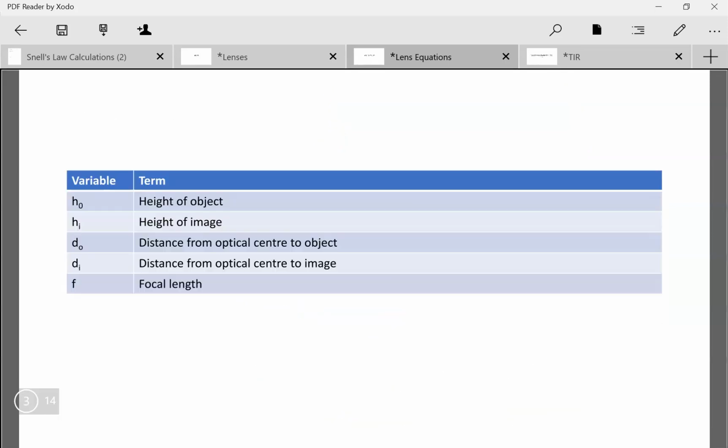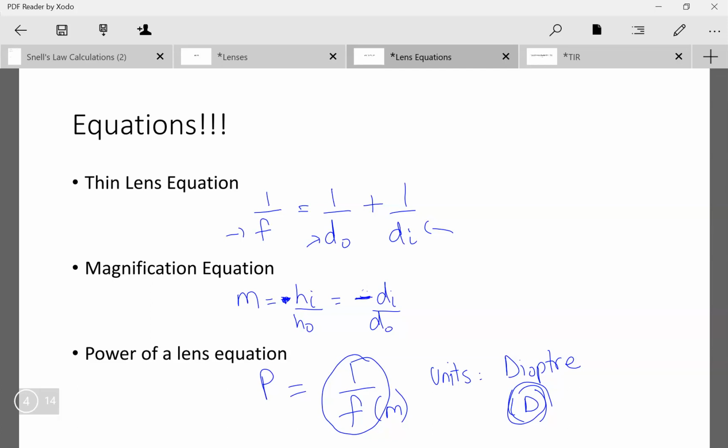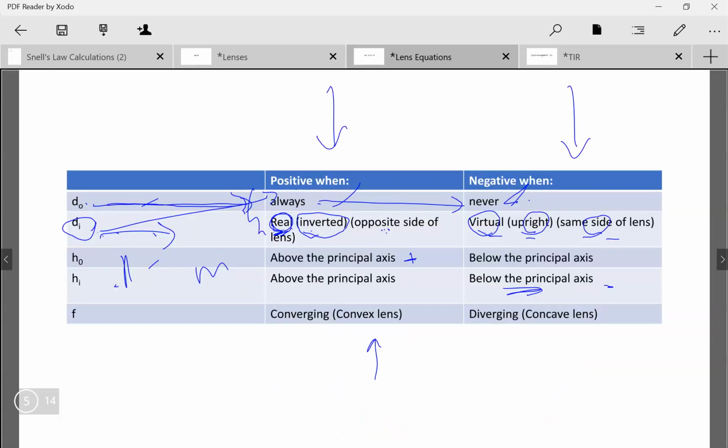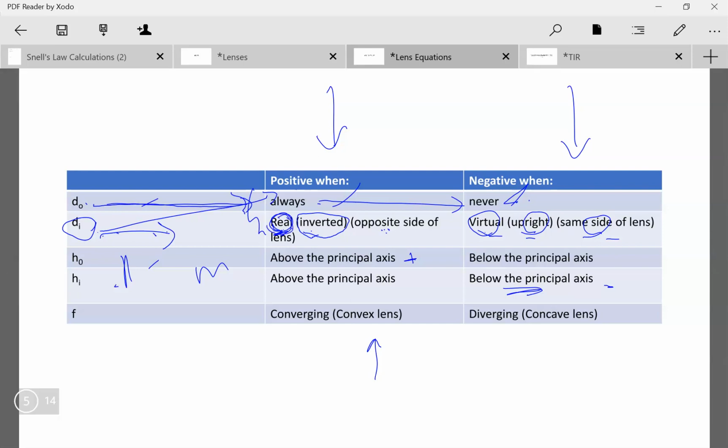And that's where the negative from this equation shows up, right? Because you have to flip the sign there, because DI is positive when HI is negative, because real images are inverted, right? Again, technically if you start with an object that's below the principal axis, the inverted image would be above the principal axis.